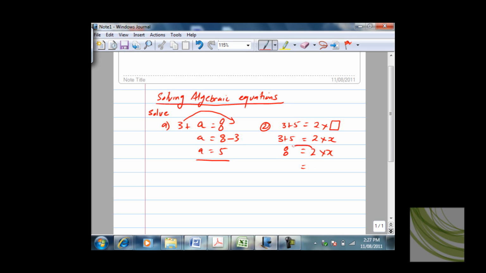To do that, we'll have to get rid of the 2, and if you move the 2 to the left hand side, once again swapping sides means swapping the operation. The operation here is multiplication. When 2 goes to the left hand side, it will be divided. So X becomes 4. If you want, you can rewrite that or rearrange that in that form.